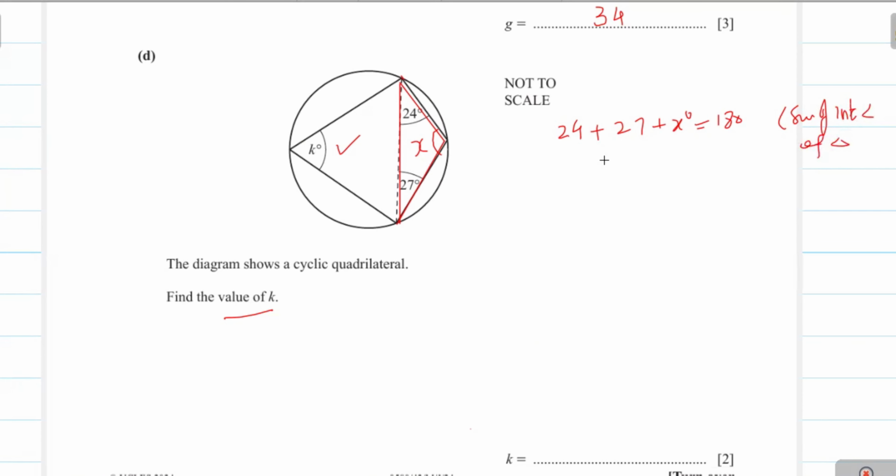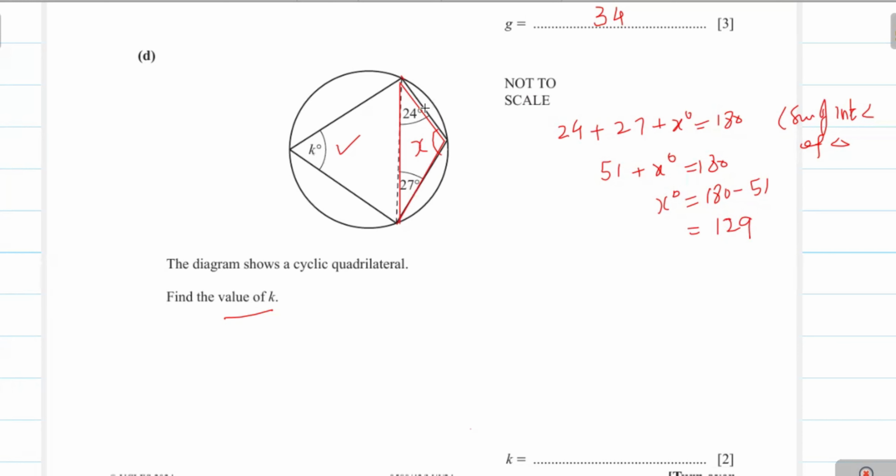Therefore, 51 plus X degrees equals 180, and X will be equal to 180 minus 51, which is 129.